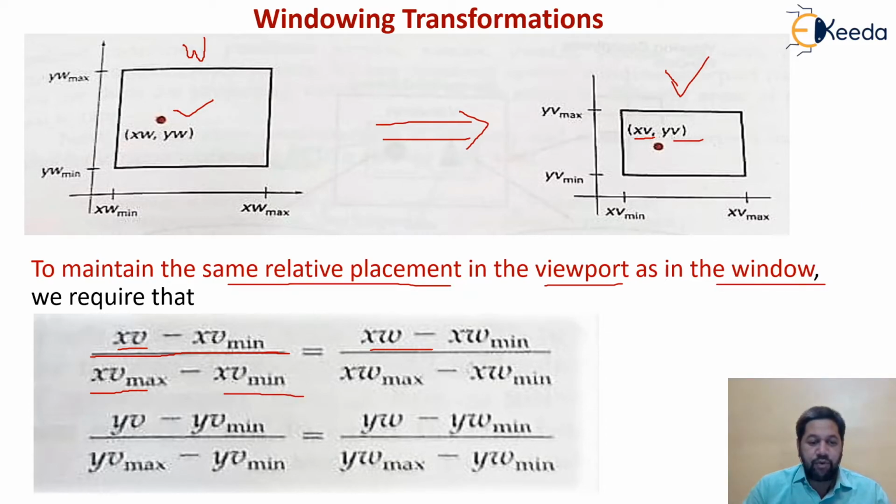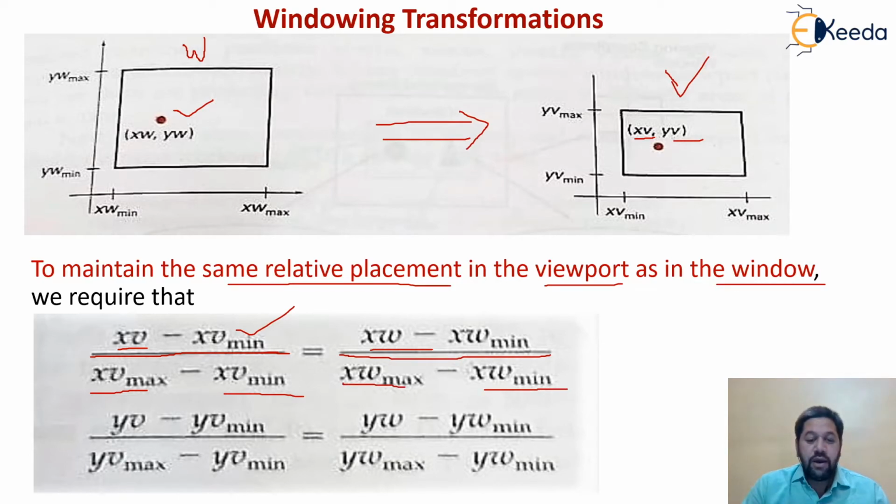This difference we generally call the displacement, max minus min, the maximum displacement of xv. This is equal to how it is represented in the window: xw minus xw minimum, divided by xw maximum minus xw minimum.